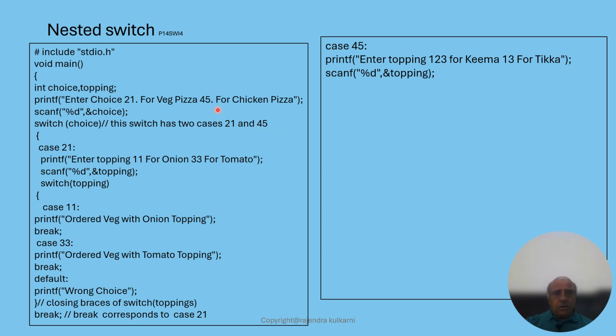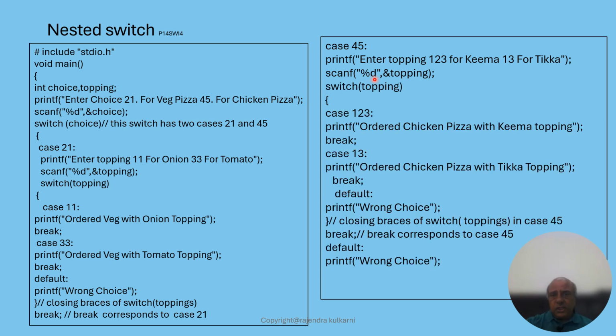If the user orders chicken pizza by entering 45, in this case 45, the program asks the user to enter his choice for topping, 123 for keema, 13 for tikka, assigned to topping, then a switch topping.